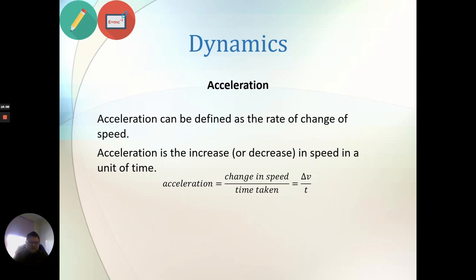Sometimes that's referred to as delta V, so you might get told the change in speed is a certain amount, and you can put that on the top and divide it by the time that you're given. More often, though, you're given a final speed and an initial speed.